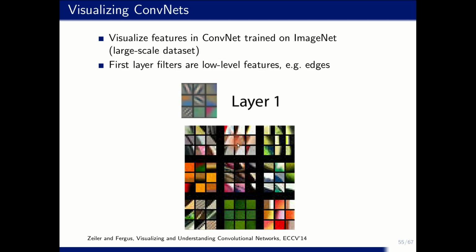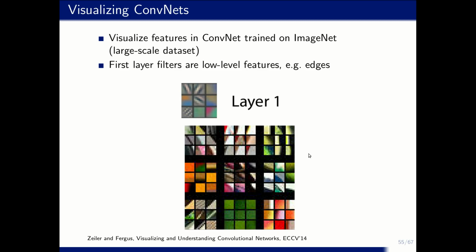This image excited this neuron, these images with high frequency edges excited this neuron, these green patches this neuron, and so on. So this is a technique to visualize the filters in the first layer, by giving typical inputs which essentially excite these neurons in the first layer.